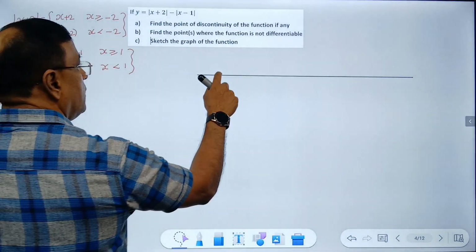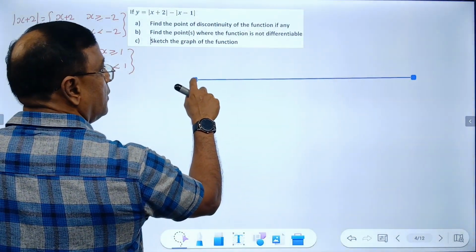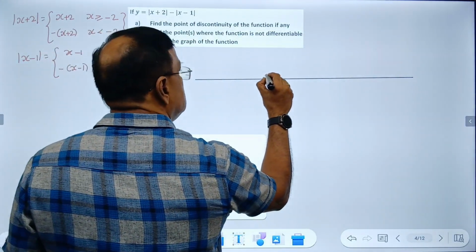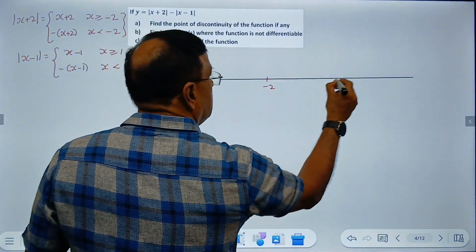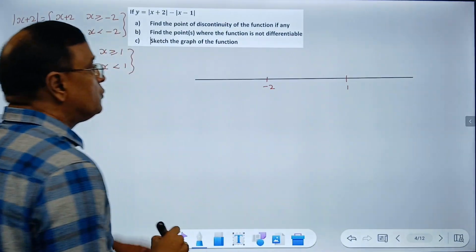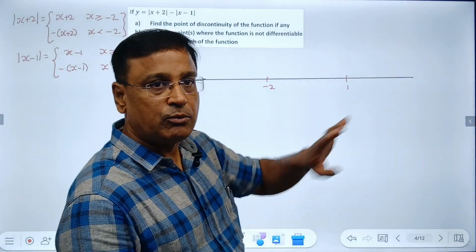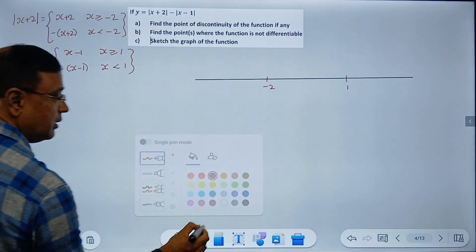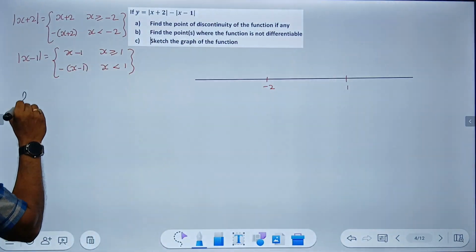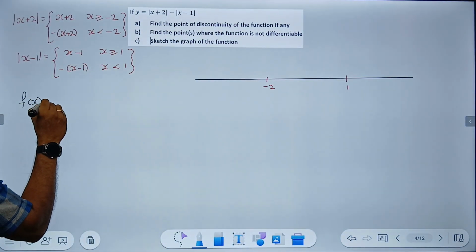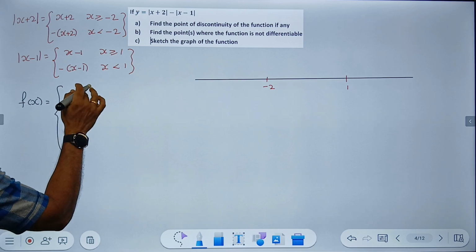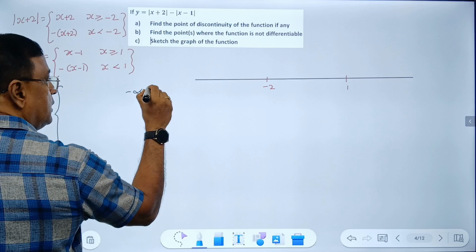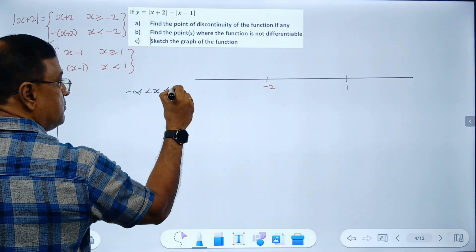Now, okay, now let me mark the point minus 2. Let me mark the point 1. So this is split into 3 intervals. So I'm going to redefine that function. See how I do it. I write f of x equal to, there are going to be 3 functions. One will be minus infinity less than x less than minus 2.